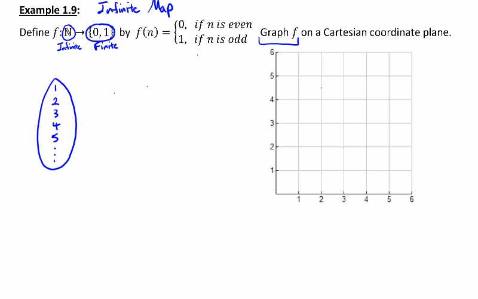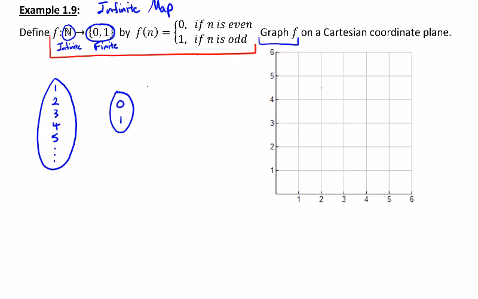And the second set is finite. It's just 0 and 1. So the mapping definition goes all the way from here over to here.